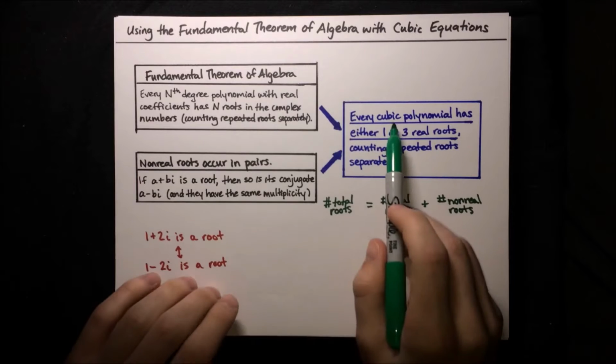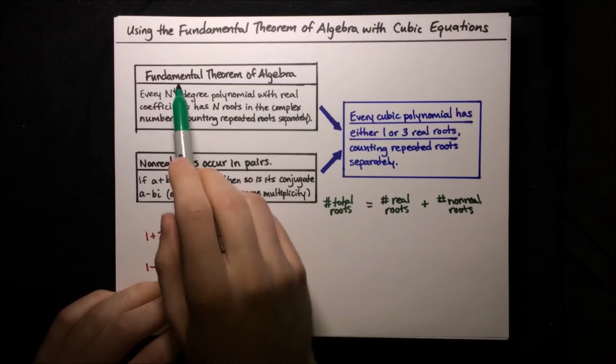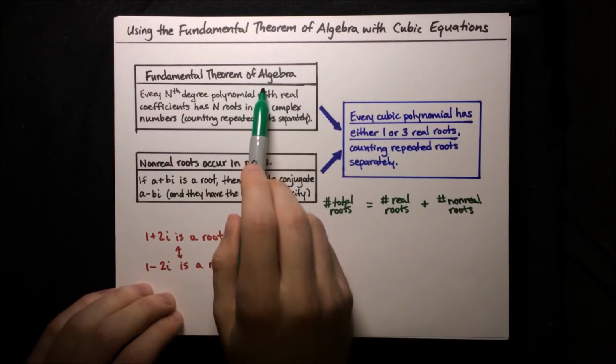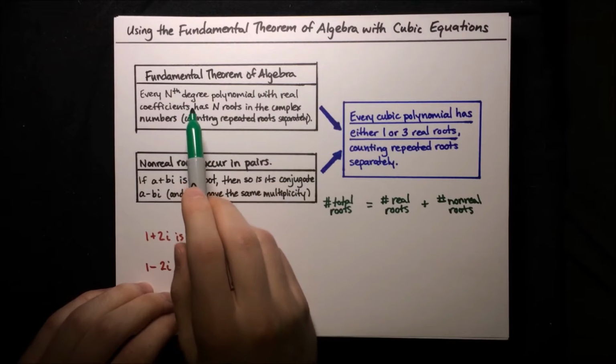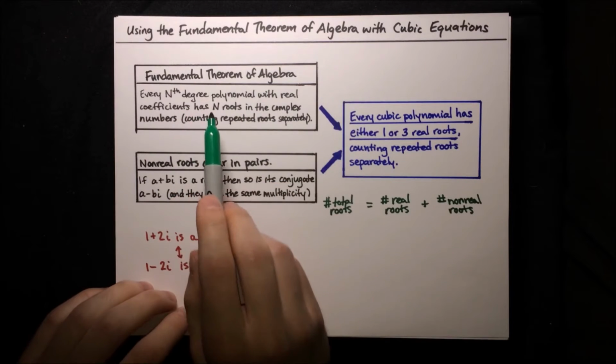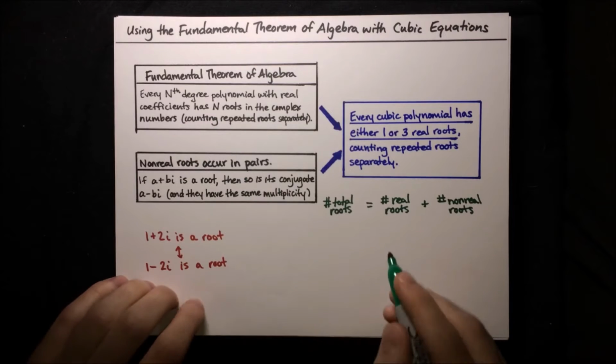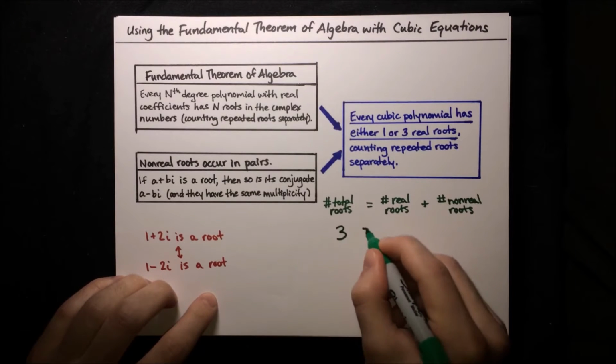For a cubic polynomial in particular, according to the fundamental theorem of algebra, we know that a third-degree polynomial with real coefficients has to have 3 roots, so the number of total roots has to be 3.